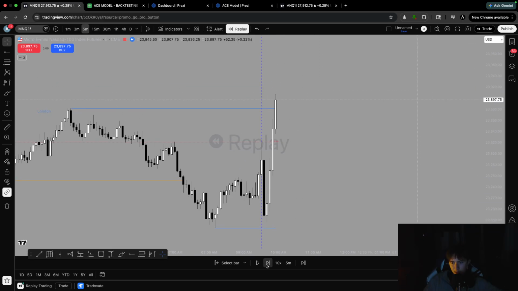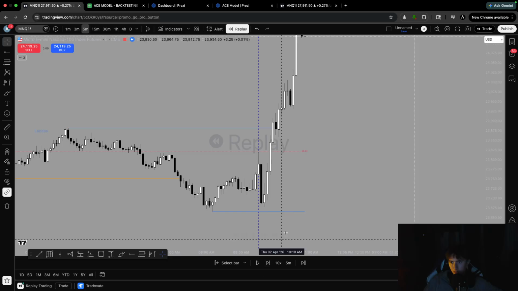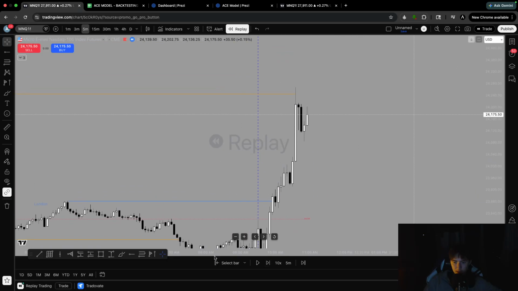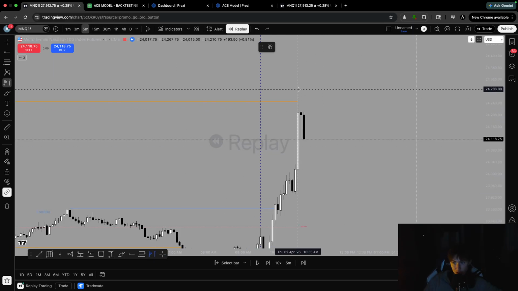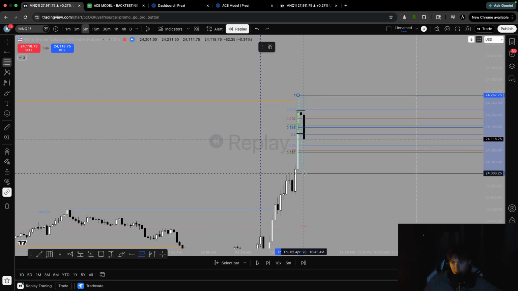Here's our sweep. Oh, we're just going up. All right, here's our two bearish candles right here. We just swept perfect actually. This might be a perfect continuation short right here. It's where we swept Asian high. It's where we get those two candles.